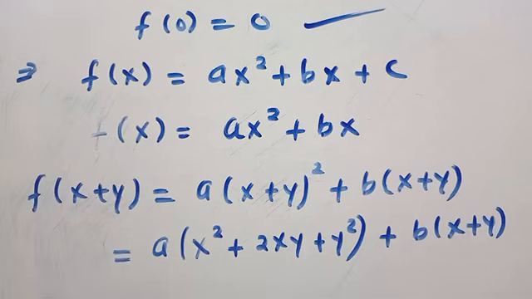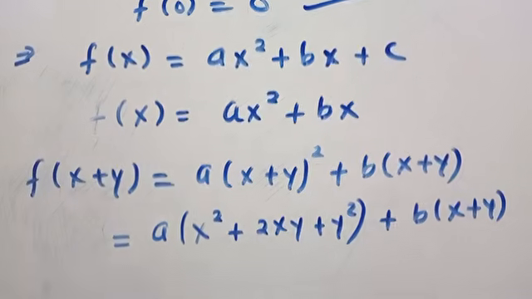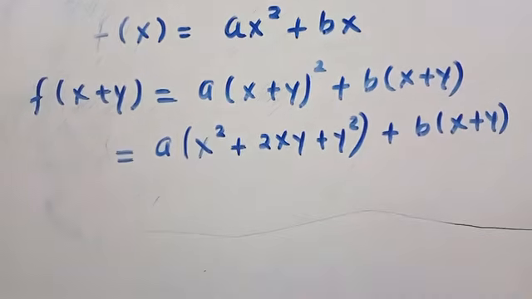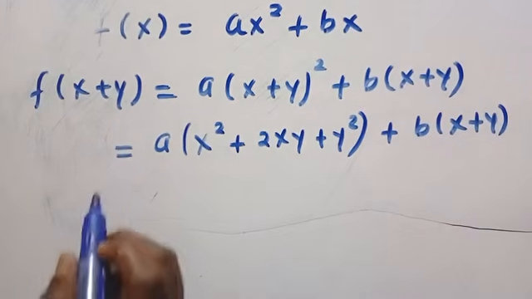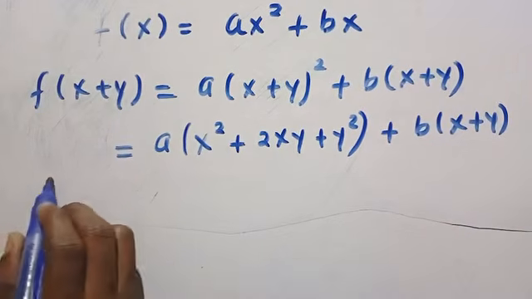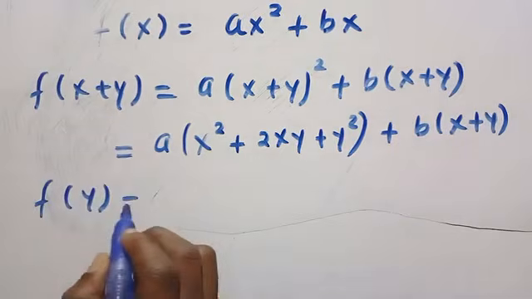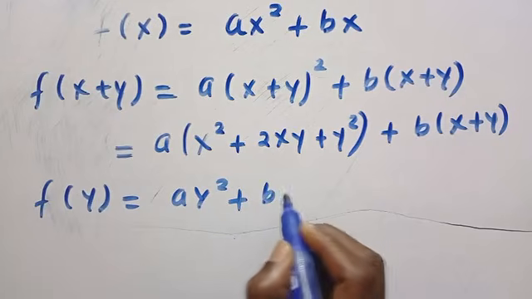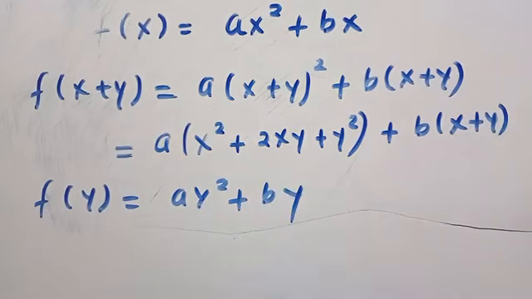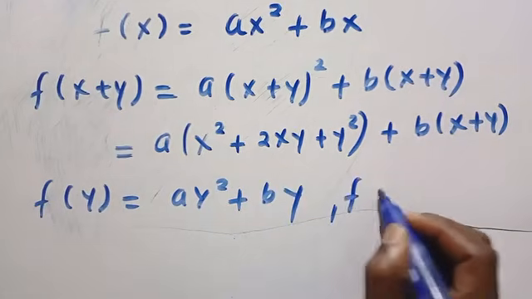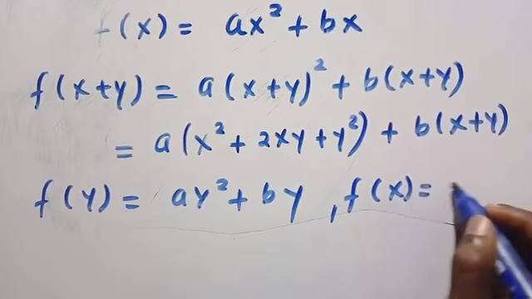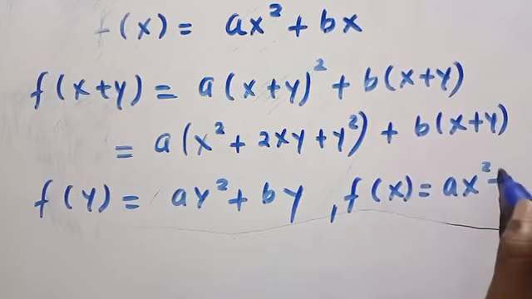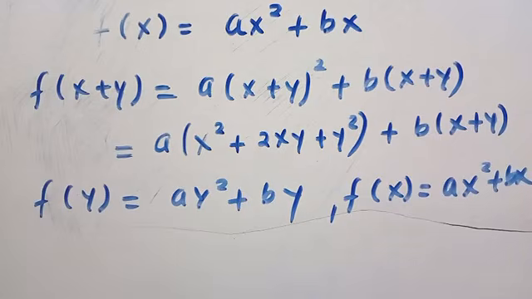Also, we find f of x plus f of y minus xy. Similarly for f of y, this gives us ay squared plus by, and f of x equals ax squared plus bx.